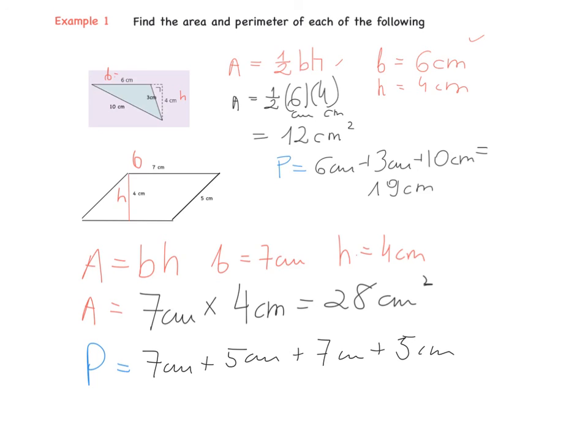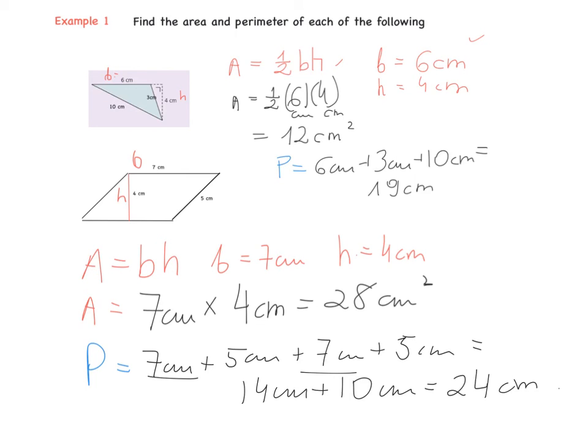Of course, you can make it shorter. You can write down 2 multiplied by 7 plus 2 multiplied by 5 centimeters, and then we have 14 centimeters plus 10 centimeters. That's 24 centimeters.